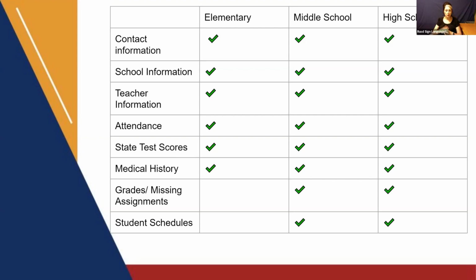Under grades, missing assignments, and assignments in general, you will be able to view that information on the Aeries Parent Portal, and the student's schedule will also be available for middle school and high school students. For elementary school, you'll get the contact information, the school information, the teacher information, the attendance, the state testing scores, and medical history.